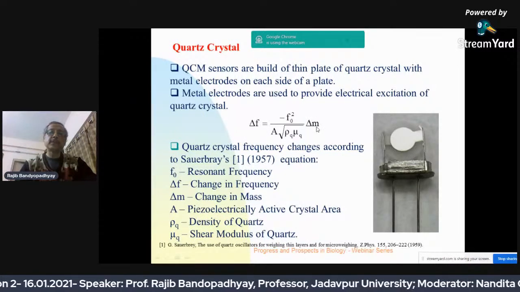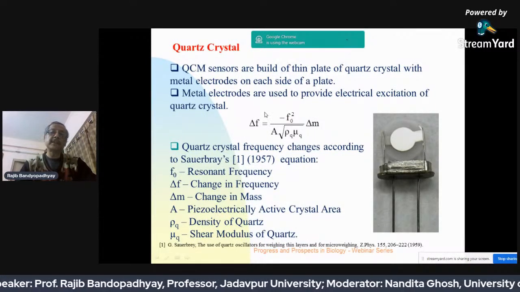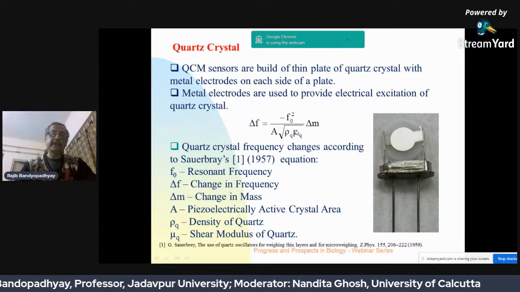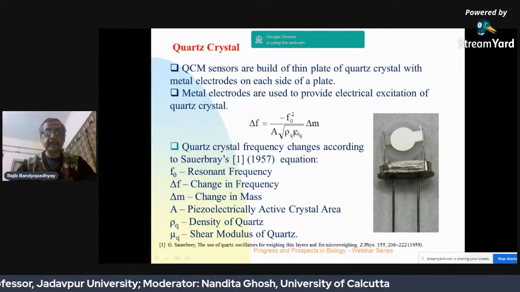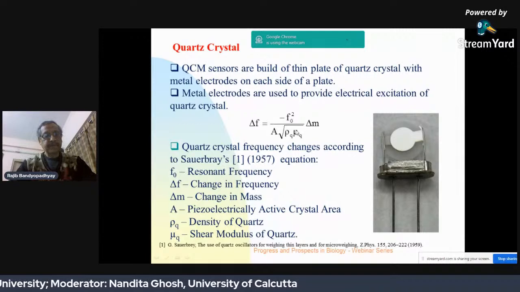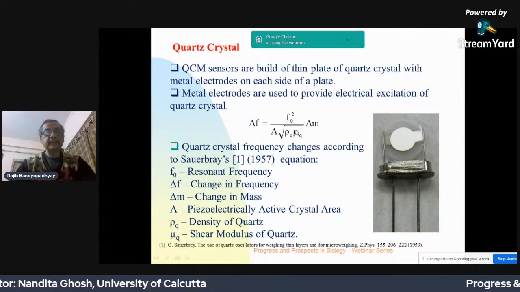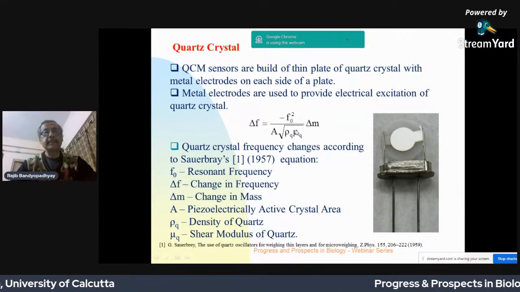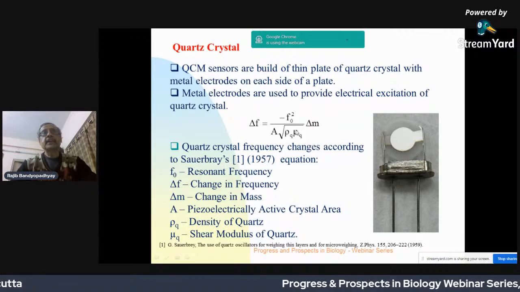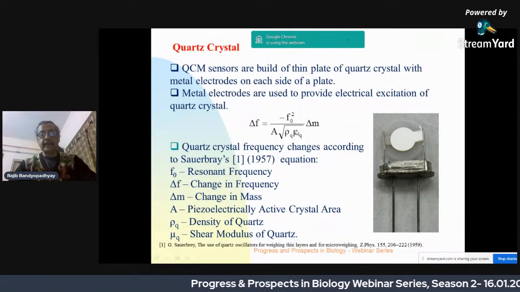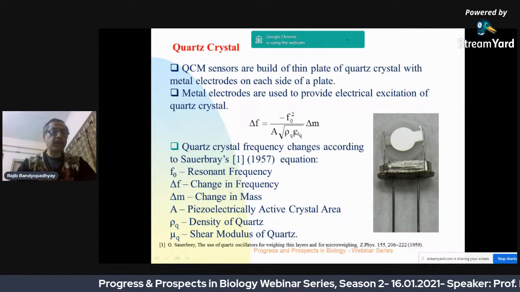absorbance of these volatile molecules on the surface, there will be a change in frequency, and that is governed by an equation called the Sauerbrey equation, and it's directly proportional. One major advantage of this quartz crystal microbalance is that, as the name says, it is meant for measuring very small amounts of weight.